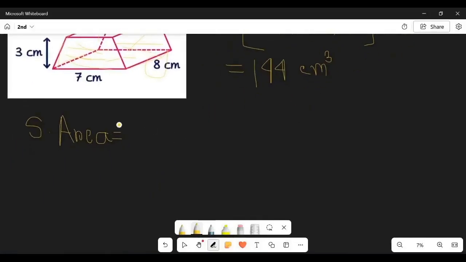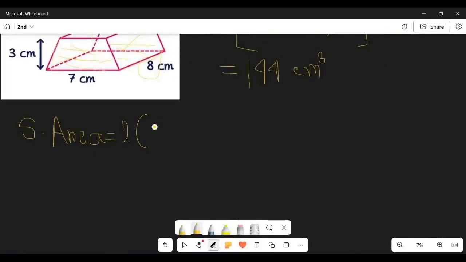As it is two trapezium, we have to write one formula and multiply 2 with it. Into 3.